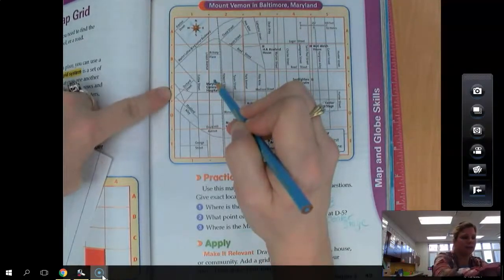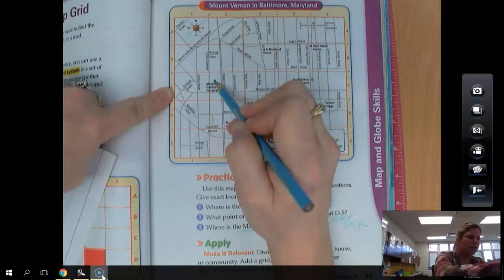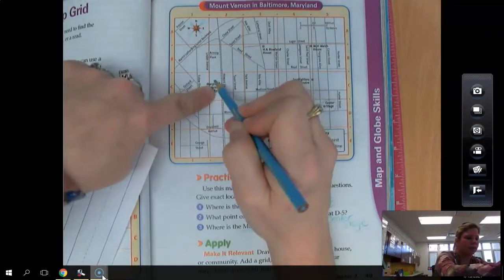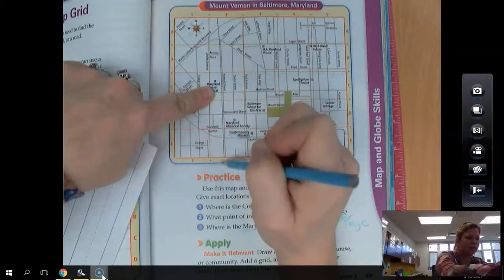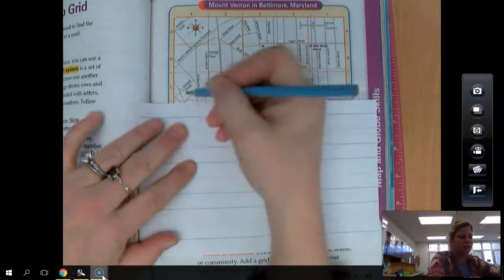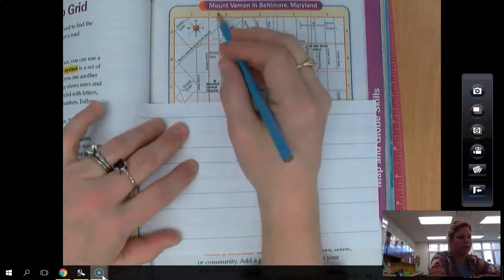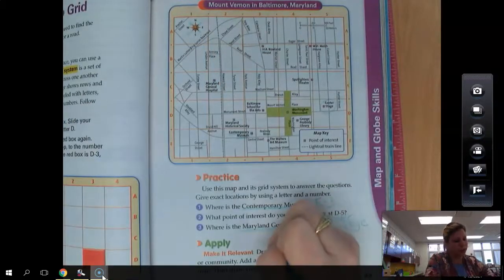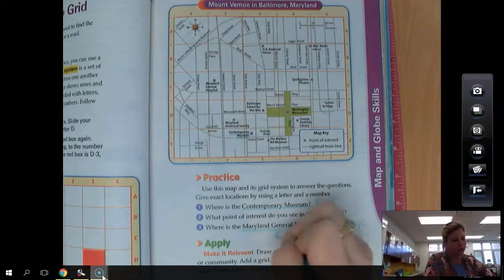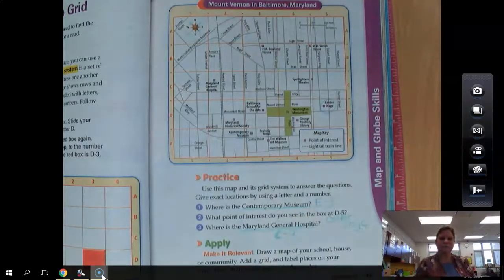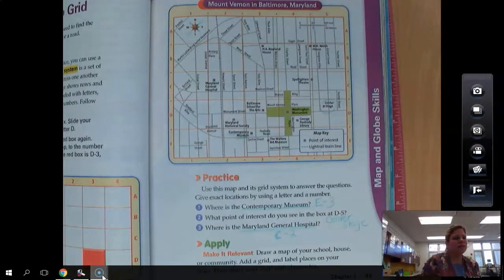We have C, and then if you look at those thin red lines, you can see it goes right here to 2. So my answer, boys and girls, is C2. You write that with C going first, and then a dash, and then a 2. C2. Very good.